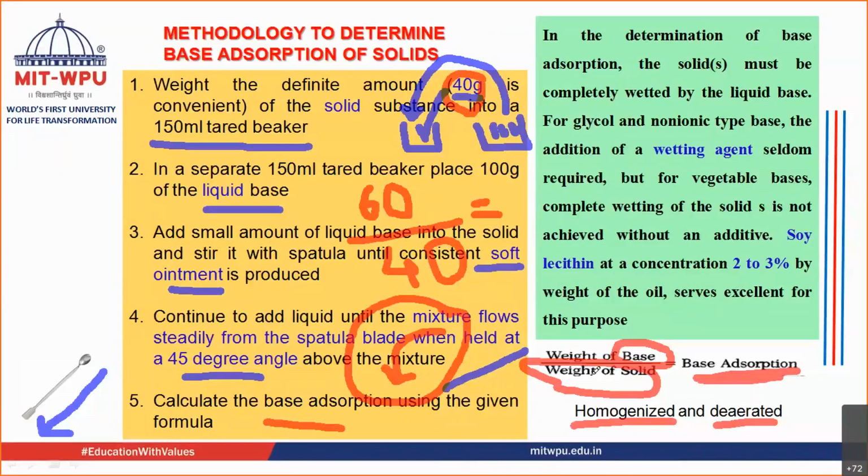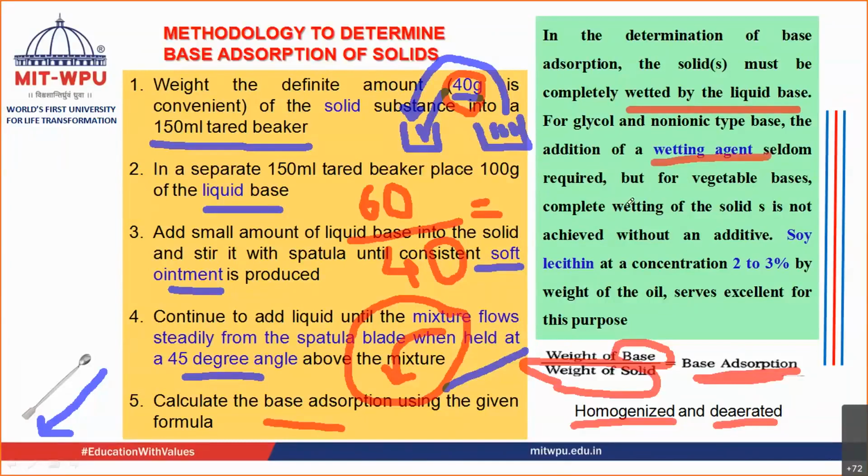But before you calculate the weight of the base, you are going to homogenize it and deaerate it. Now, many times the substance does not get wetted easily. In such cases, if the solid is not getting wetted easily by the liquid base, you can add a wetting agent.